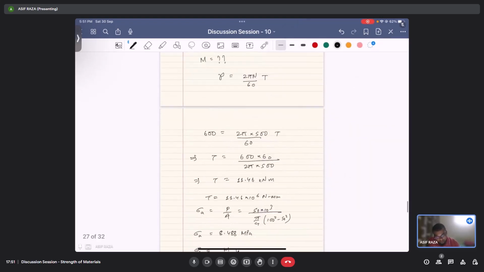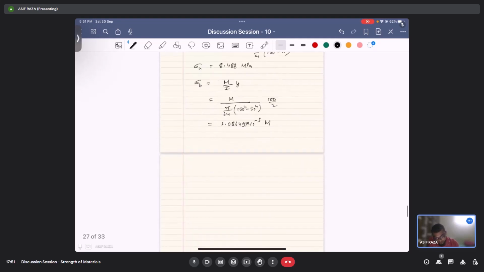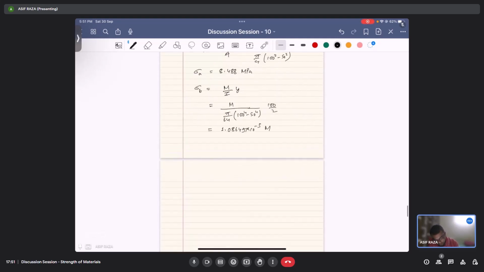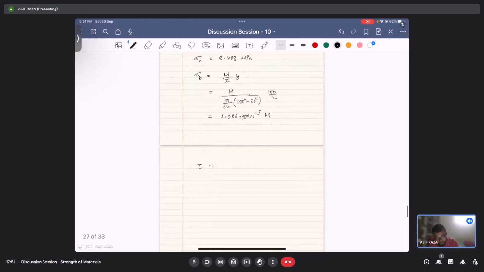Now, due to the torsion, what will be my shear stress generated?